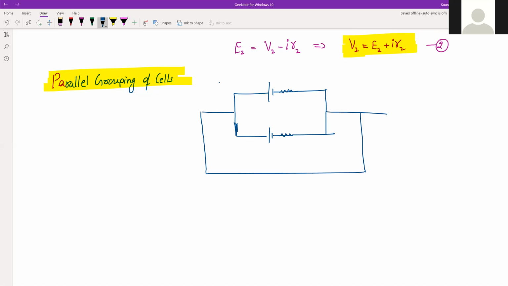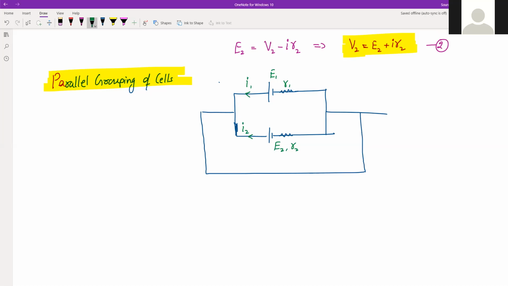Okay, so suppose this cell is having EMF E1 and internal resistance R1, this is E2 having internal resistance R2, both are connected in the same direction, so both will give some current, but because these are two different cells, let's have I1 and I2 as two different currents.